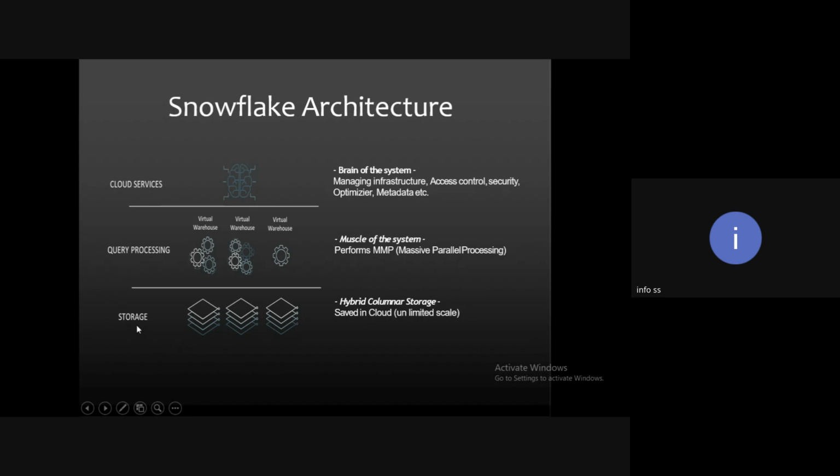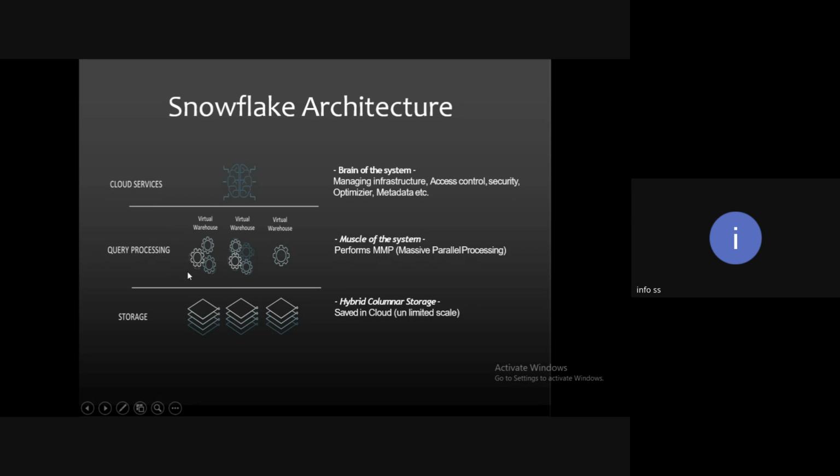We can store any volume of data in the storage layer, since it is in the cloud. And for query processing, the compute, we have virtual warehouses. This virtual warehouse capacity we can increase anytime. And if we don't need any compute power, we can suspend that virtual warehouse. And parallelly, we can also use multiple virtual warehouses on top of our data.